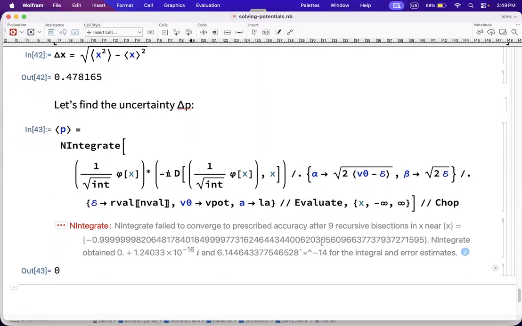Right? So don't forget to save. And now we need to find the expected value of p squared. What is the expected value of p squared, Angel? If p in atomic units is minus i times the derivative with respect to x, what will be p squared, please?